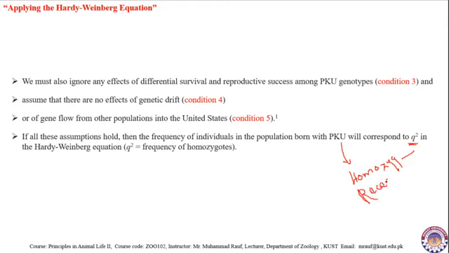Means both the copies need to be defective, only then the individual will show the symptoms of this condition. And remember from our previous lectures that we used the symbol p for representing one allele and q for representing the other allele. Usually you can represent a dominant allele with p and a recessive with q. So here q squared means that this particular individual is homozygous for the recessive allele.